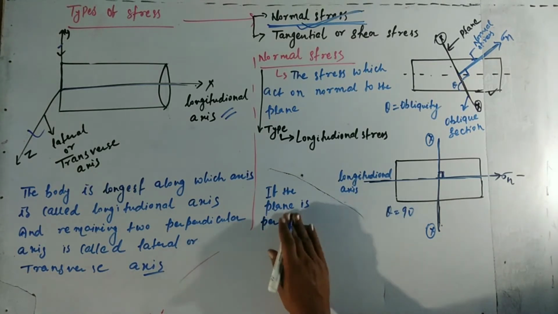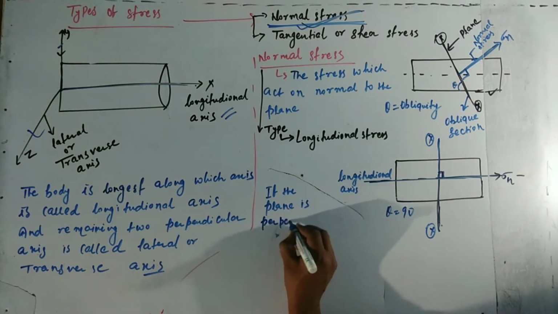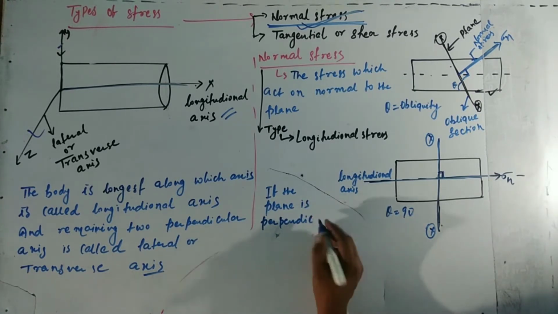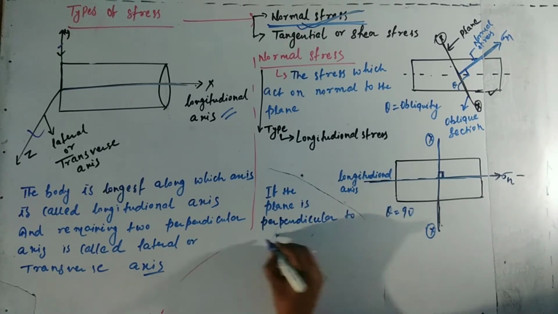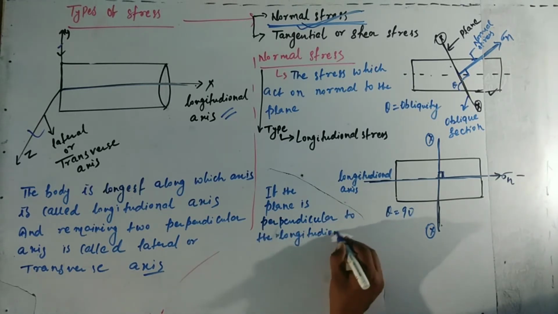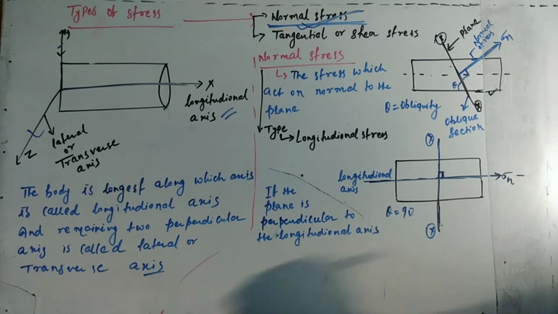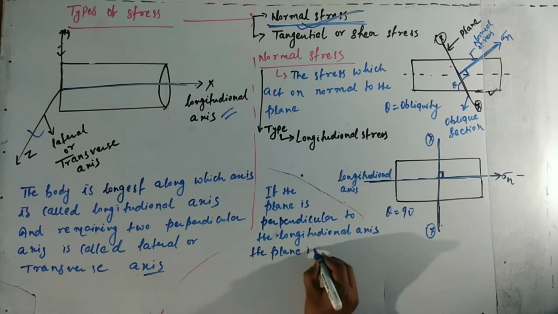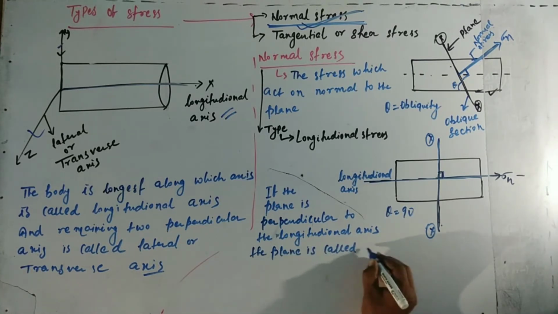So if the plane is perpendicular to the longitudinal axis, that plane is called the cross section, or we can say cross plane also.